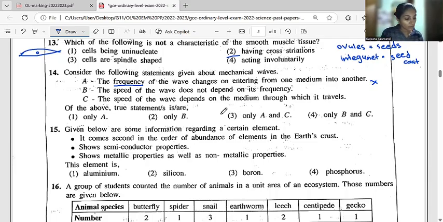That's correct. And the speed of the wave depends on the medium through which it travels. That's correct. The temperature of the medium, density, and the physical nature of the medium, like whether it's a solid, liquid, or gas, are the factors that determine the speed of the wave in a medium. So the answer is B and C. For question 14, the answer is the first one.